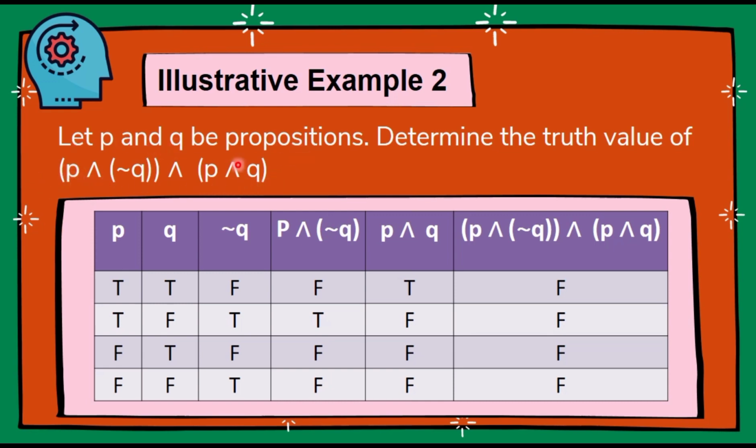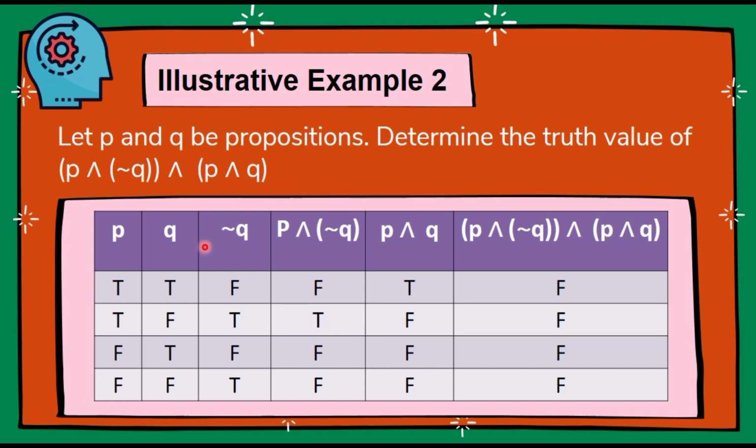So in this proposition, we need the value of P, the value of Q, the value of negation of Q, the value of P and negation of Q, the value of P and Q, and the value of the entire proposition, which is P and negation of Q and P and Q.